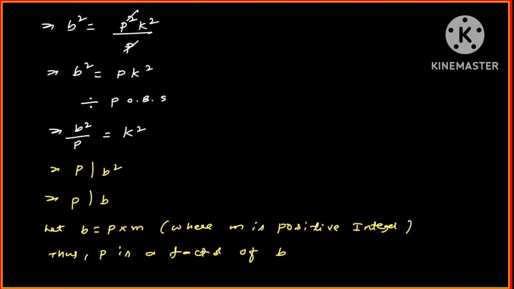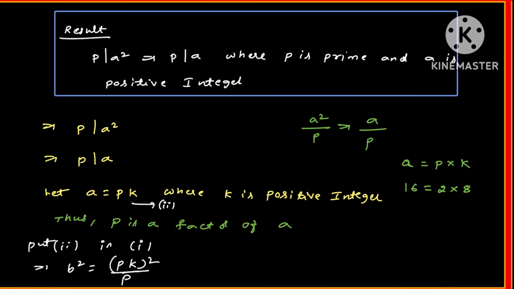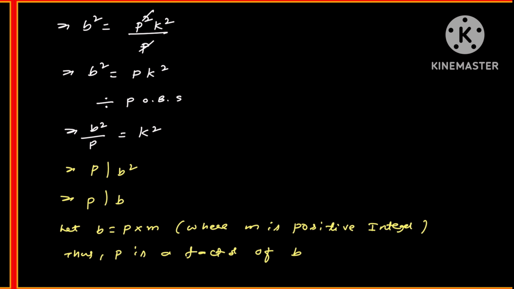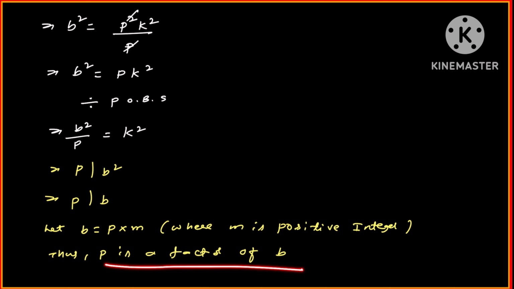We assumed that a and b are co-prime, that means a and b do not contain any common factor. But if you observe here, p is a factor of b and p is also a factor of a.